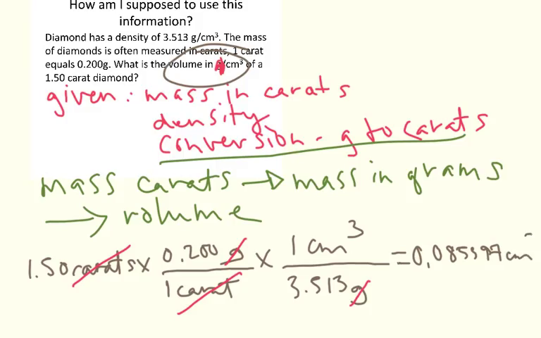We need to put this in the correct sig figs. 1.50 has 3 sig figs. 0.200, 3 sig figs. 3.513, 4 sig figs. So my answer can only have 3 sig figs. So my answer is going to be 0.0854 cubic centimeters.